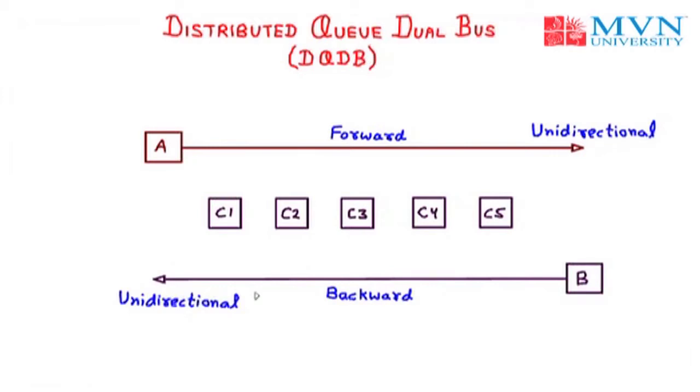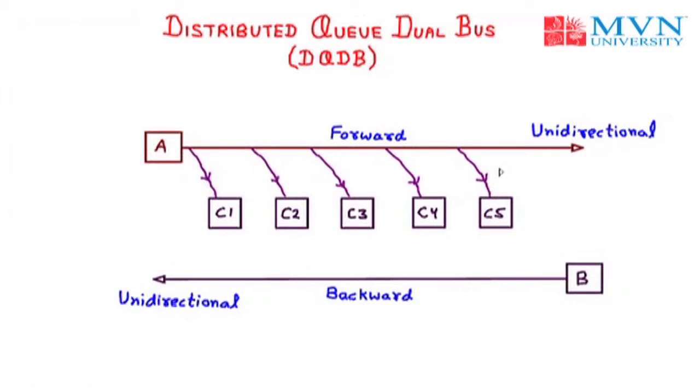So if, for example, bus A starts the communication, how do we send the data to C1, C2, C3, C4 or C5? That will be in the forward direction, so the connection will be like that. From A, the data goes to C1, C2, C3, C4 or C5; the arrows indicate the direction of data transfer.